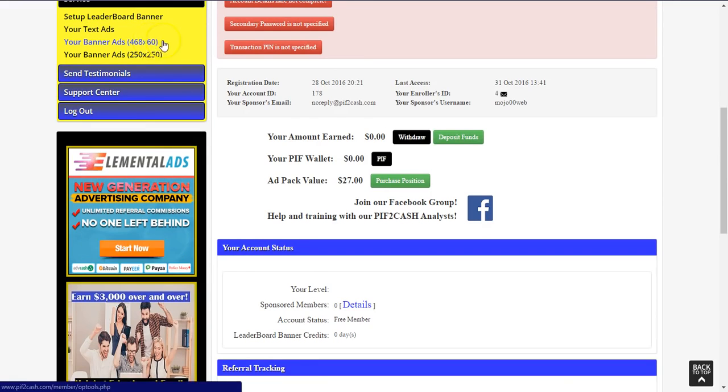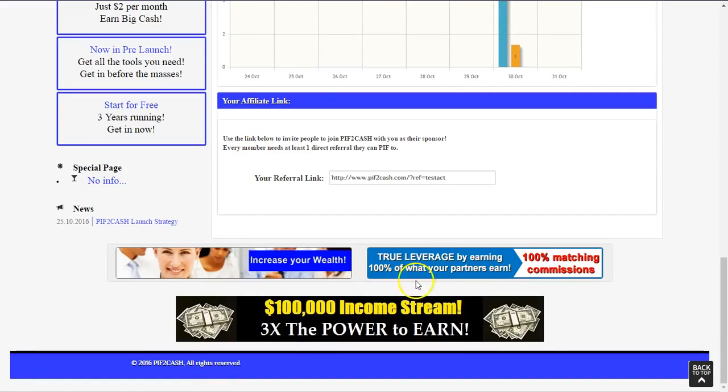468 by 60 banners are going to be displayed down here at the bottom. When we use 468 by 60 banners, they are a lower spectrum banner, meaning it's more for niche marketing. This is something that a lot of people use.